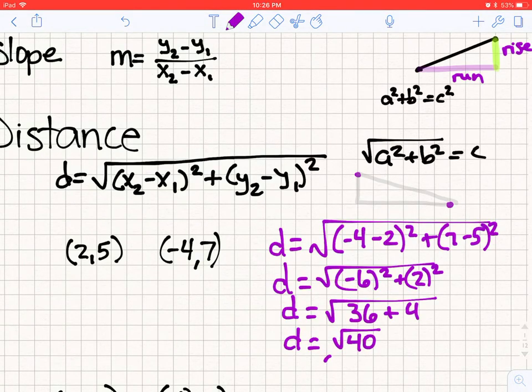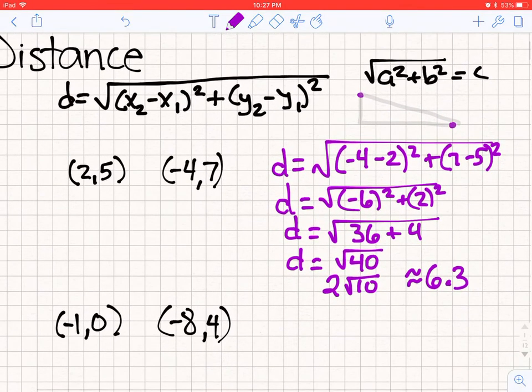In geometry class, you would have simplified that to the square root of 4 times the square root of 10. Or we could say that's the exact same thing as about 3 point, well, I'll grab a calculator. Round it to the nearest tenth, that's what your quiz is going to have you do. 6.3. Okay, so go ahead and do this one.